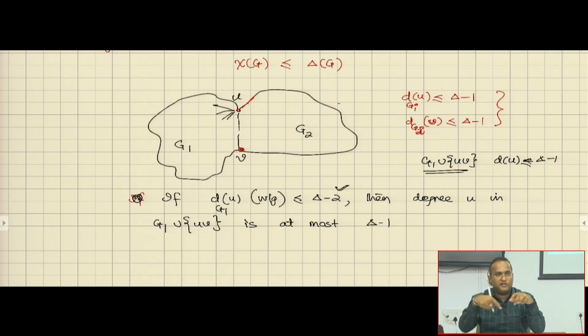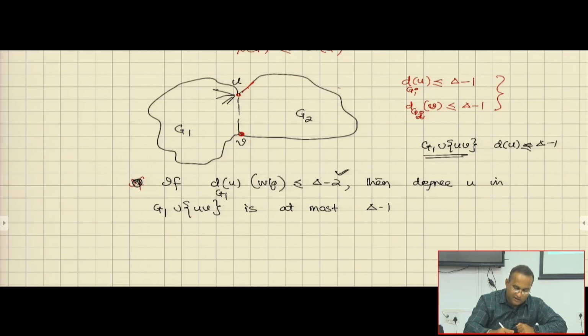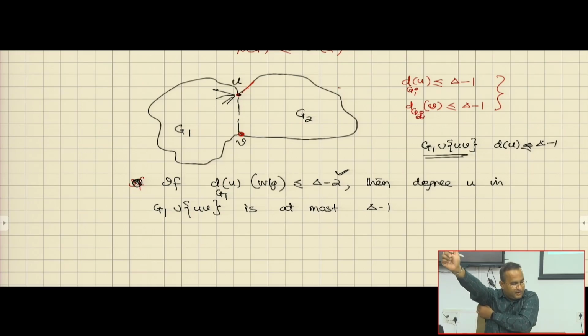Immediately we are going to get a delta coloring of G.